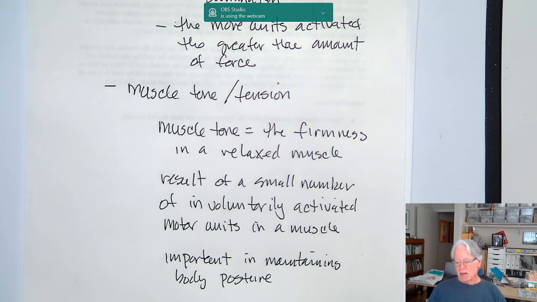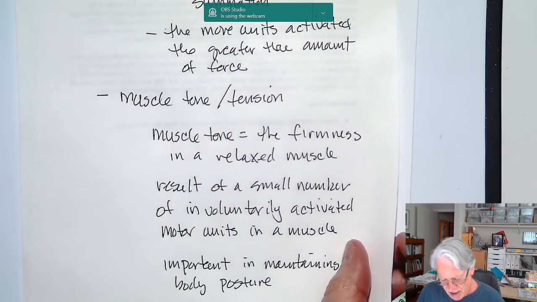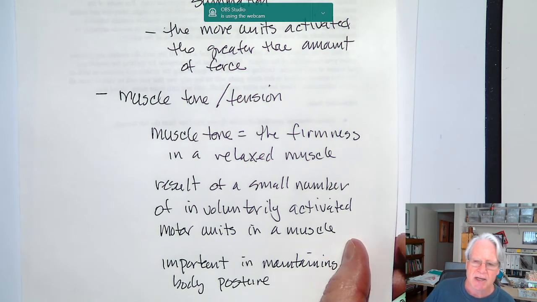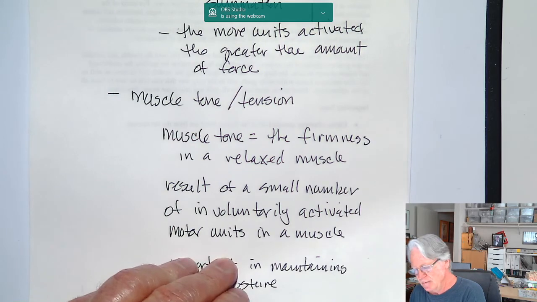Okay. Well, the fourth and final factor in producing tension or force in a muscle is based on the structural components of the muscle cells that are being activated. So let's talk about different types of muscle cells.